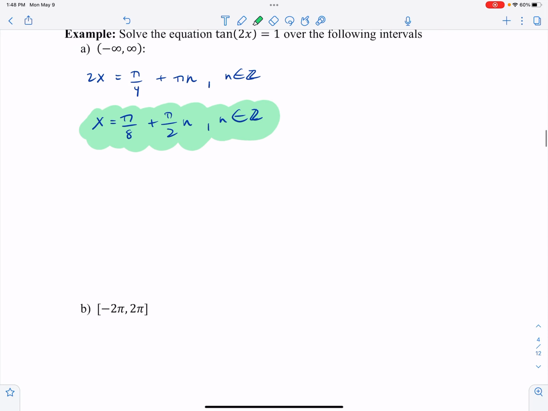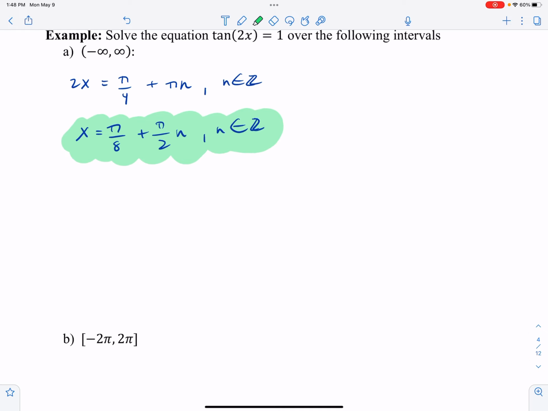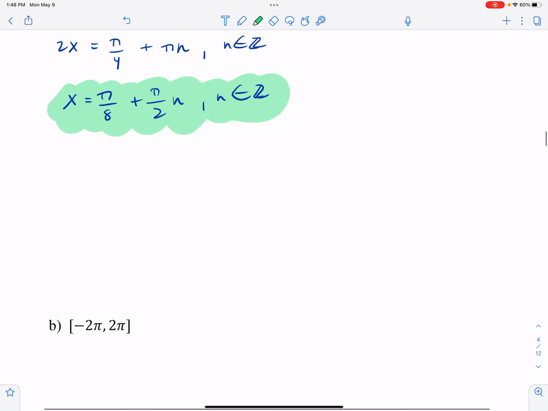And then we can use our general solution set to come up with our solutions from negative 2 pi to 2 pi. Okay, so if we were to let n equal to, how about negative 4? Because we'd end up subtracting 2 pi.